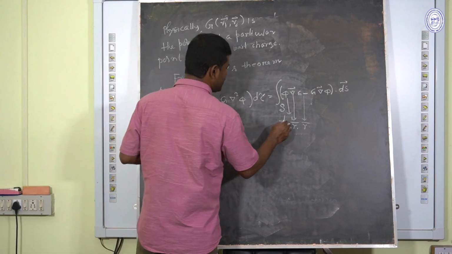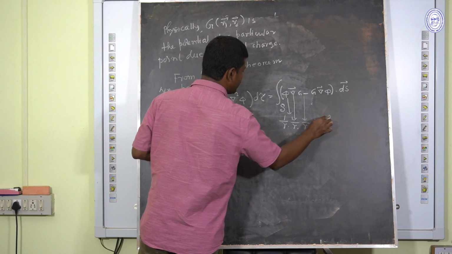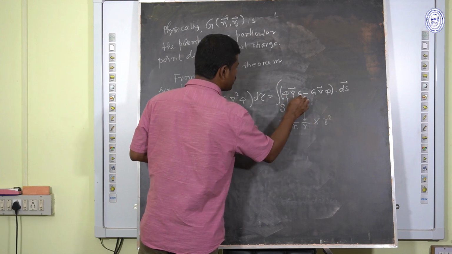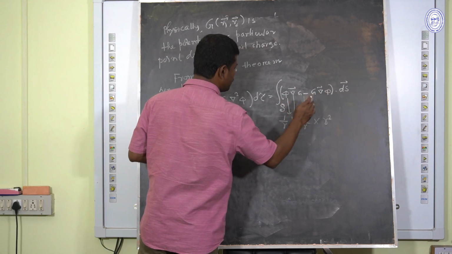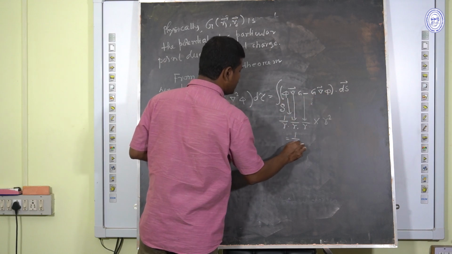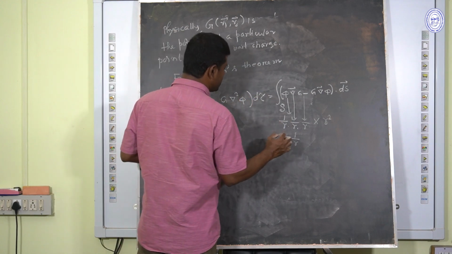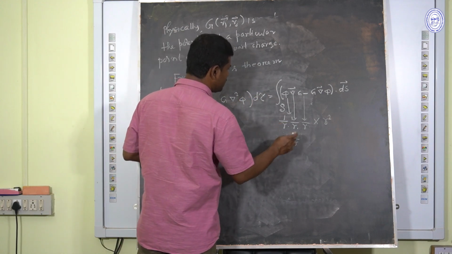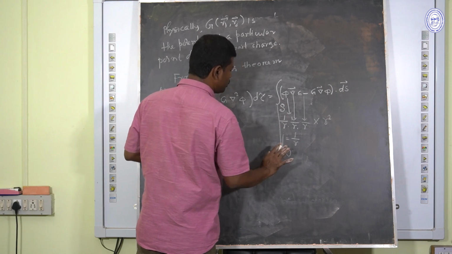So this term varies as 1 by r cube, and the surface term varies as r square. So basically phi gradient of G dS or G gradient of phi dS, both terms vary as 1 by r. If we take the surface at infinity, the radius r will be infinitely large, and then this term will be equal to 0.